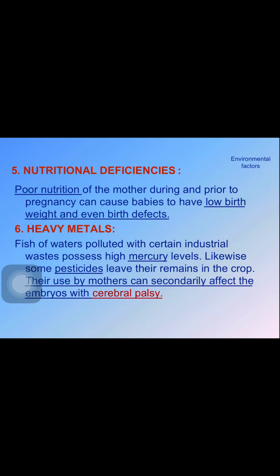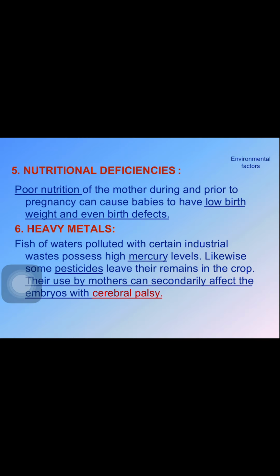Nutritional deficiencies, poor nutrition of the mother during and prior to the pregnancy can cause babies to have low birth weight and even birth defects. Heavy metal exposures: fish from waters polluted with certain industrial wastes have high mercury levels.